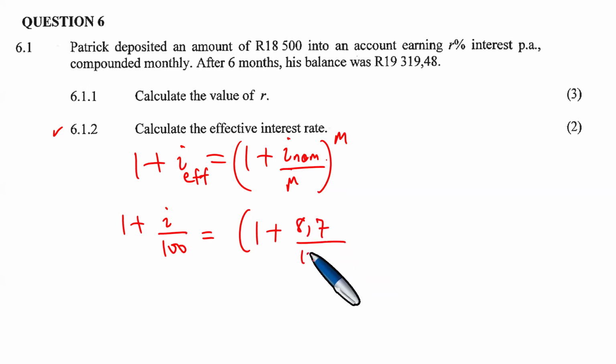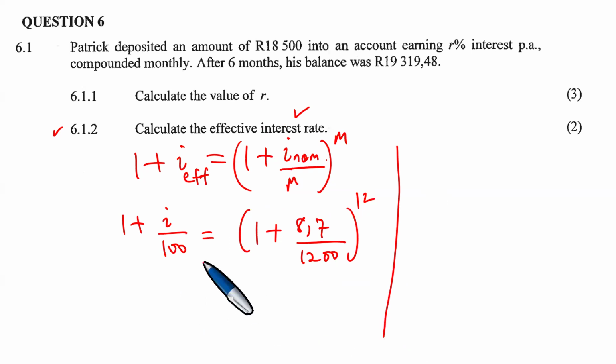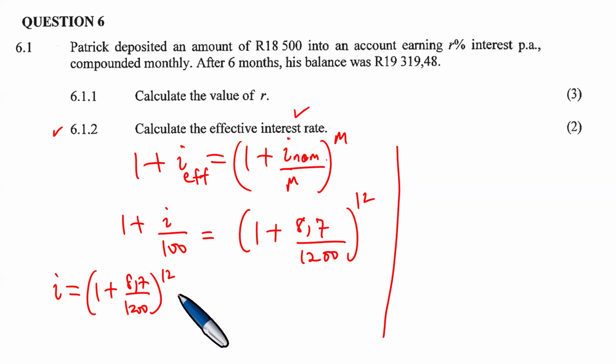Because it's per month, we say 12 times 100, and we raise it to 12. They can ask you this in the exam, so please take note of it because it's very important. So i is 1 plus 8.7 divided by 1200, all to the power 12, minus 1, and then this 100 is going to sit here.